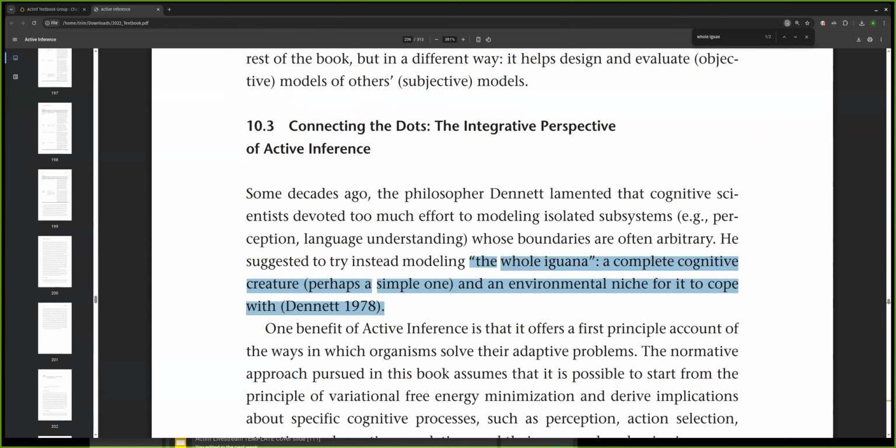Well, if I may, it's also applied to social systems. I mean, there are several papers on psychiatric applications, and it seems to be pretty successful.